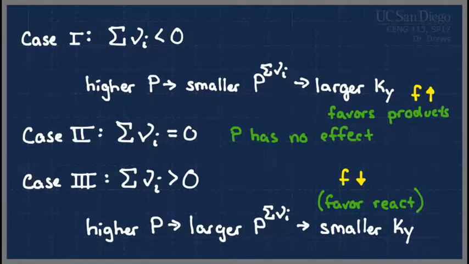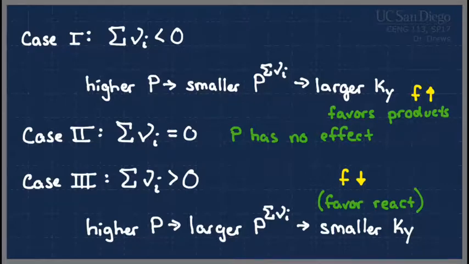So if the sum of the stoichiometric coefficients is less than 0, like in case 1, and you increase the pressure, that will generally force your conversion to go up as well. It's just the opposite for case 3. If you increase the pressure and the sum of the stoichiometric coefficients is greater than 0, generally your conversion will go down. We're talking about general trends there, like if I have to improve the behavior of my reactor, should I increase or decrease the pressure? This will tell you what that is.